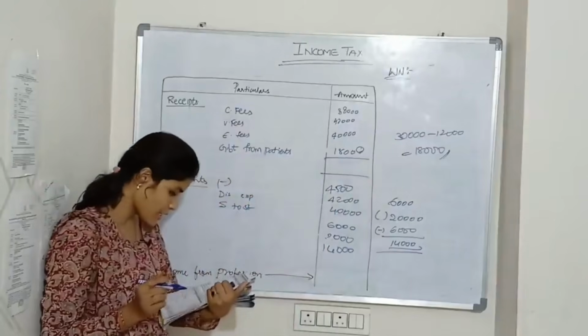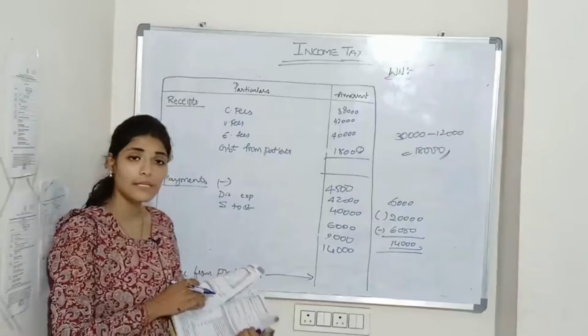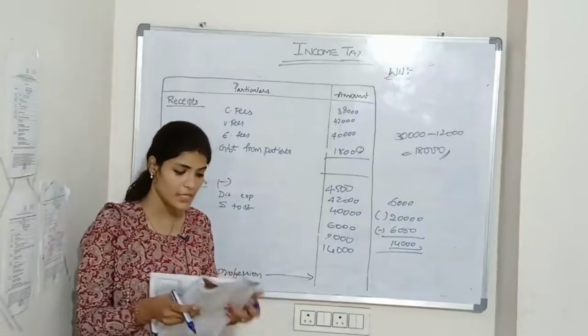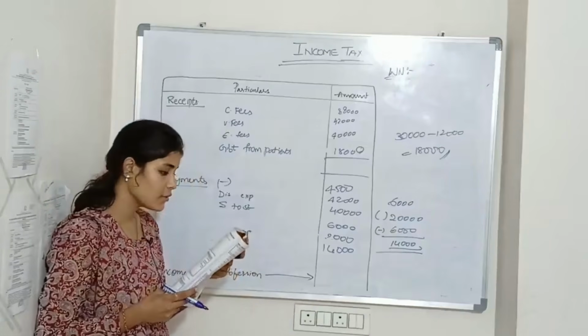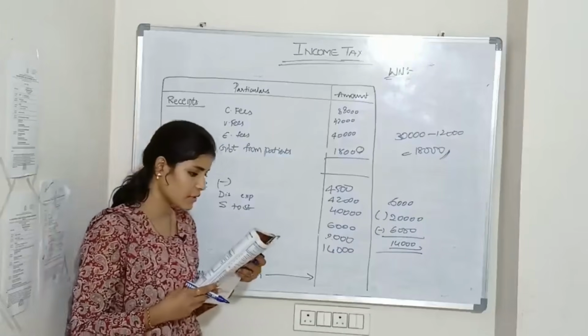Next, you have 25% on motor car expenses. For 12,000, if you take 25%, how much will you get? The remaining 75% is allowed for the payment.